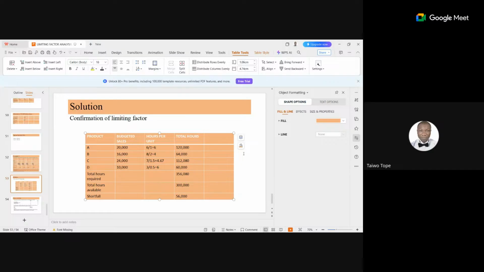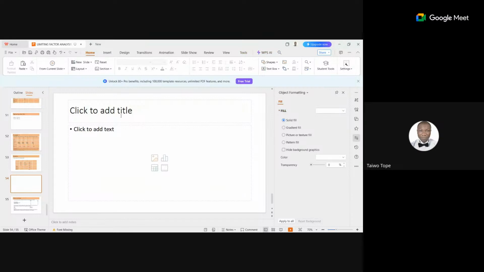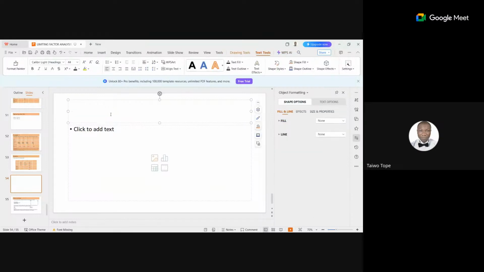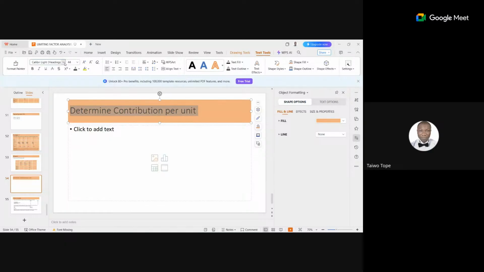So now the next step is to determine what? Our contribution per unit. Determine, in the question, you are not given contribution, right? Determine contribution per unit. Now look at the question very well.